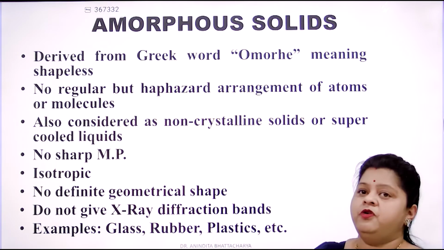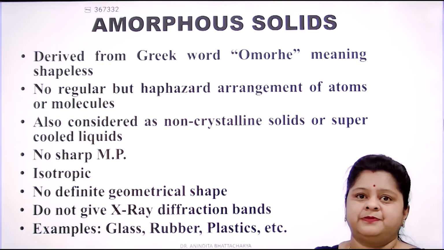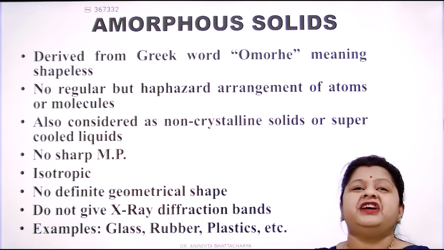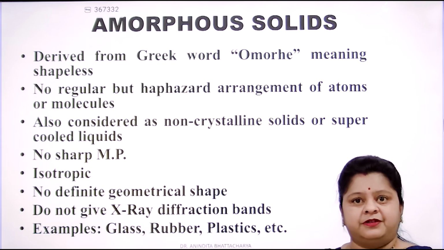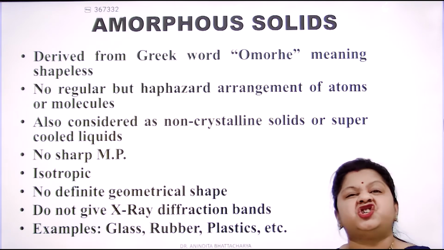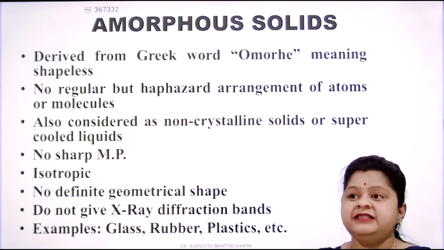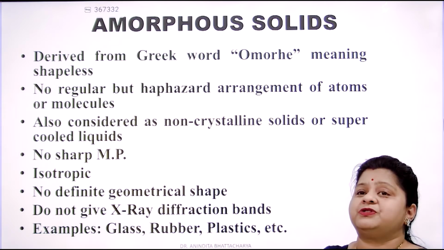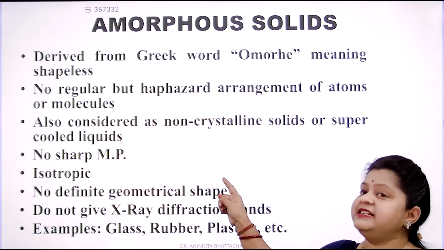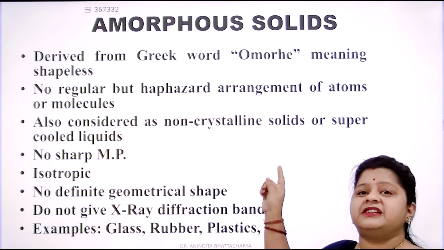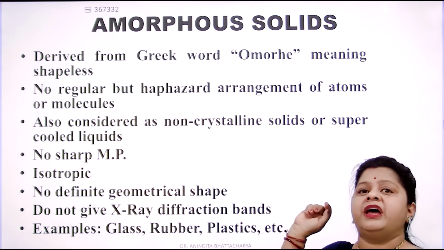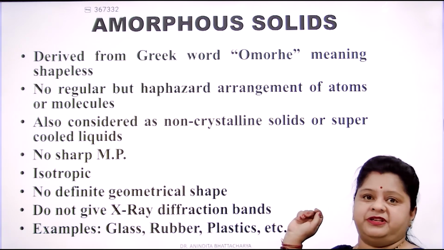Now if I move over to the amorphous solids. Amorphous word is derived from a Greek word omorph, which means shapeless. That means they have haphazard arrangement of molecules and they are considered as not crystalline in nature. They are also known as supercooled liquids.